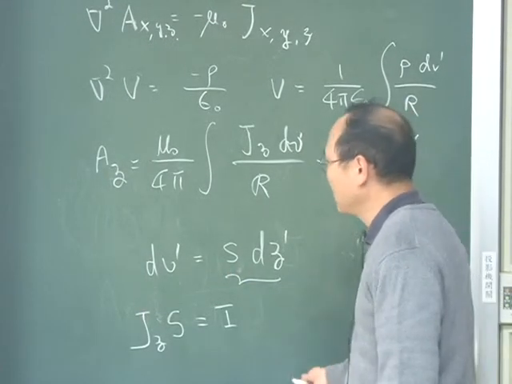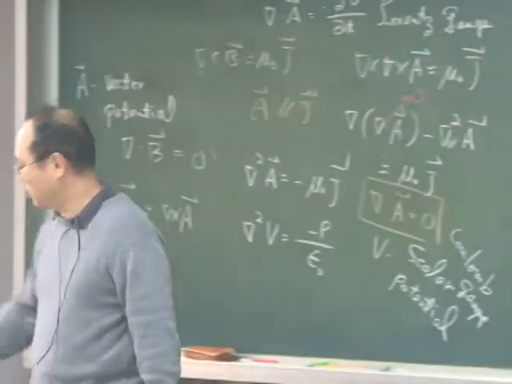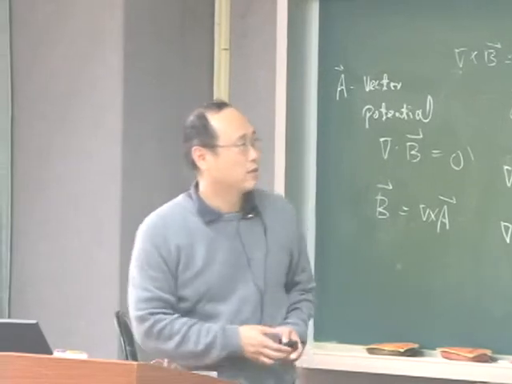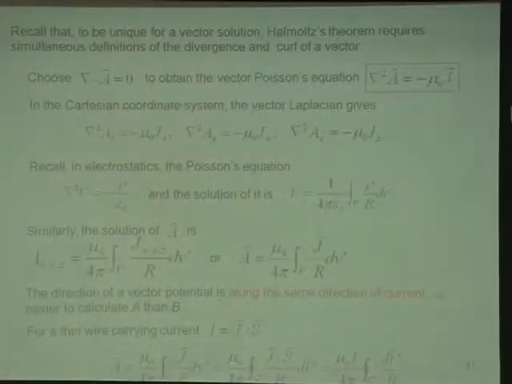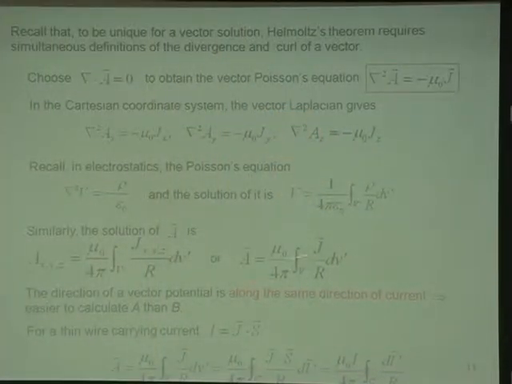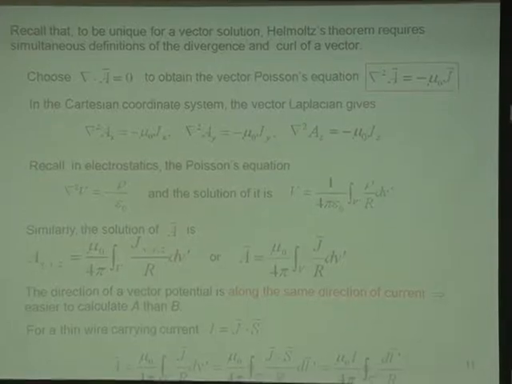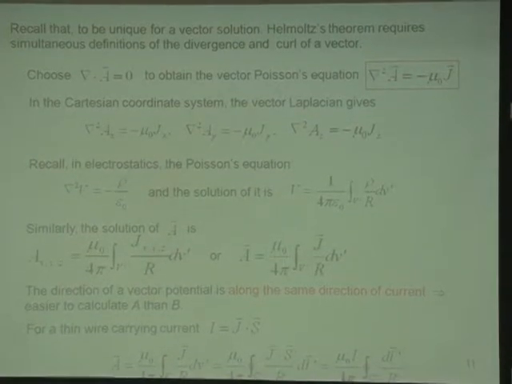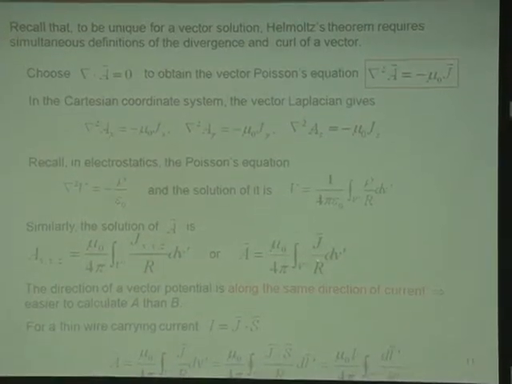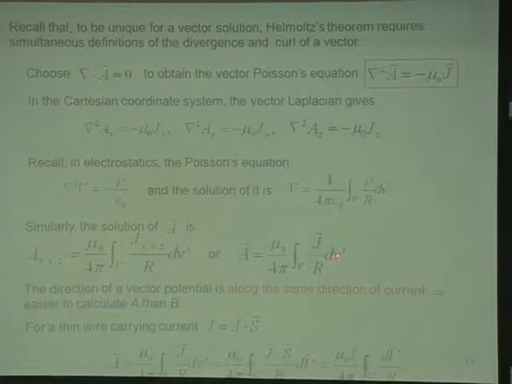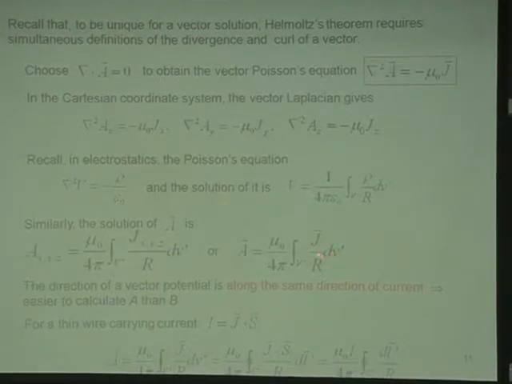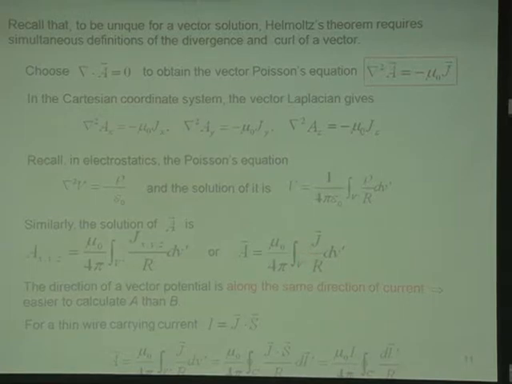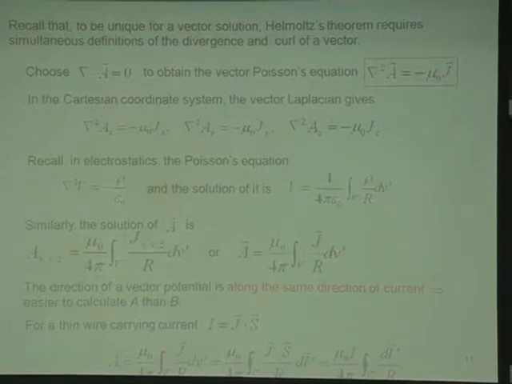Here we can rearrange the original expression. This is the equation we have from the expression I wrote on the board. But this dV can be decomposed into the surface cross section multiplied by a length along the current direction.